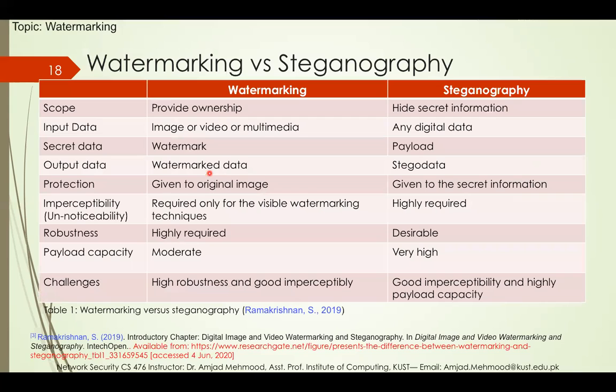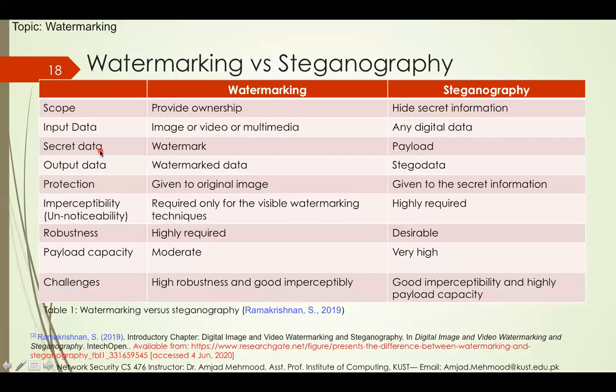Now, this slide shows the difference between watermarking and steganography. The scope of watermarking is to provide ownership, and the scope of steganography is to hide secret information. Input data: an image, video or other multimedia can be the input to your embedding algorithm. In steganography, any digital data can be input to your algorithm.